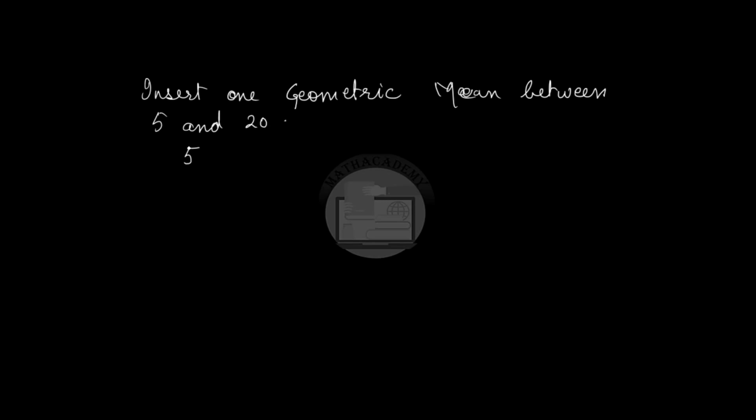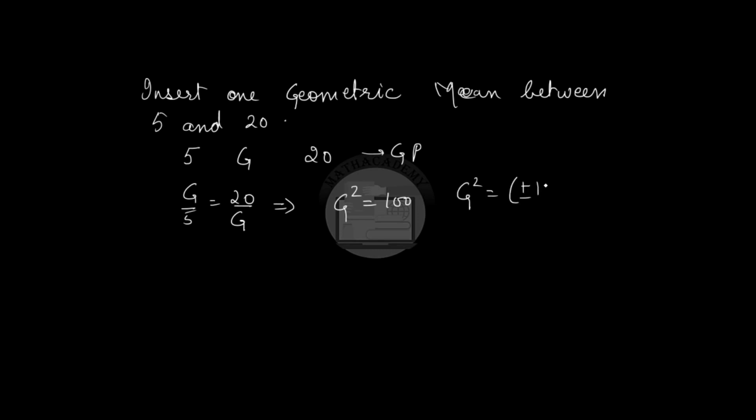So the first number is 5, the second number is 20. We need to insert one geometric mean. This forms a geometric sequence. So g over 5 will be the same as 20 over g, and on simplification we get g square is equal to 100. So g is equal to either plus 10 or minus 10.